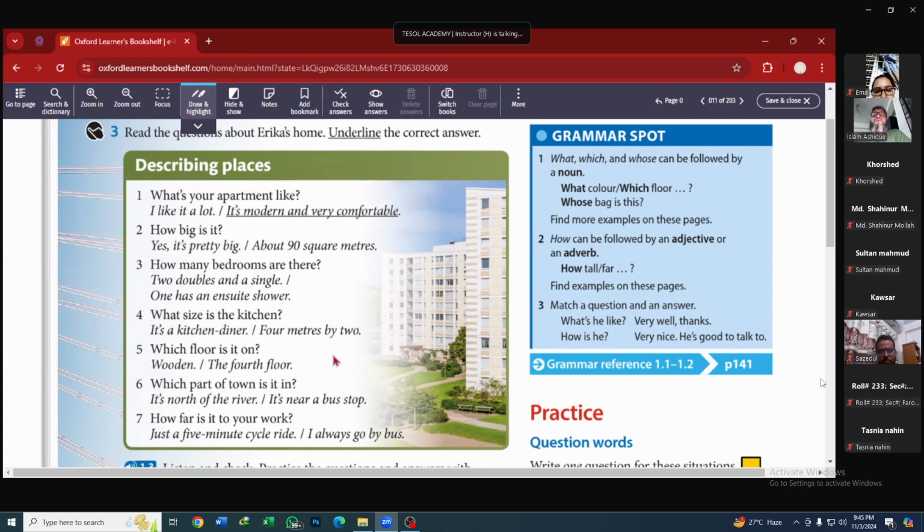Which floor is it on? It's on the first floor. Very good. Number 6, which part of town is it in? It's north of the river. Great. Number 7, how far is it to your work? Just a 5-minute cycle ride. Excellent. Thank you, Mr. Islam Ashik.